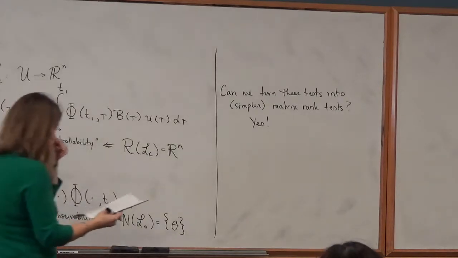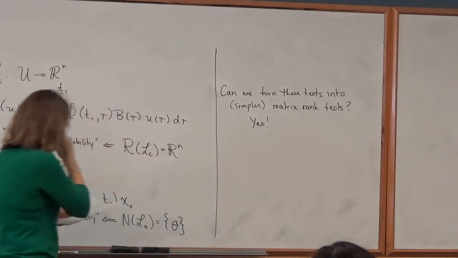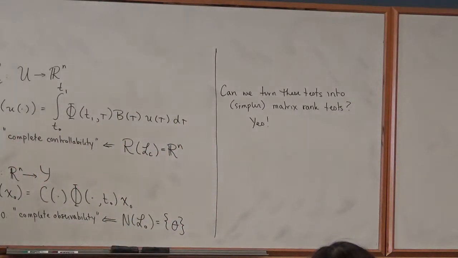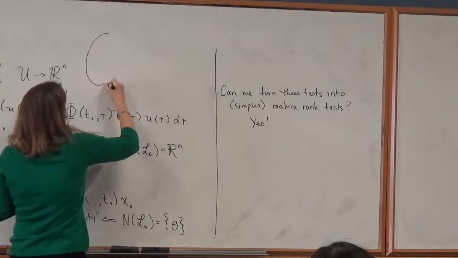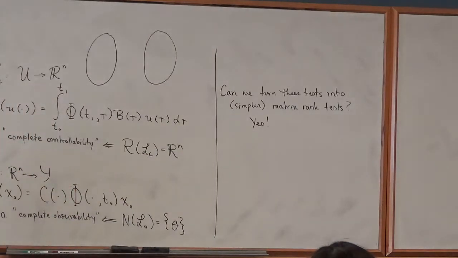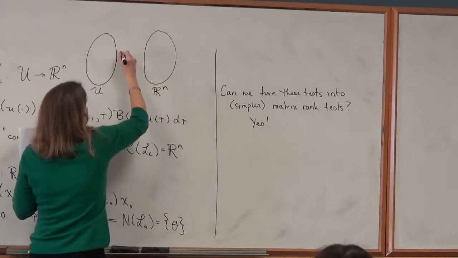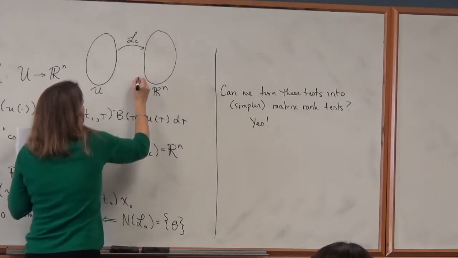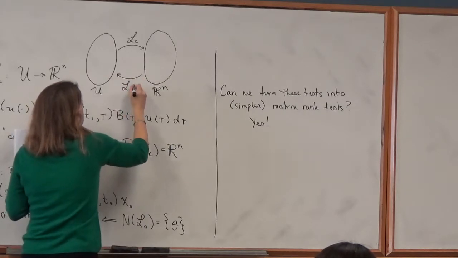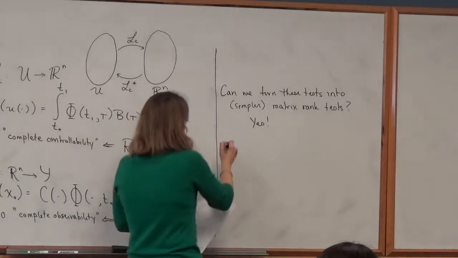Okay, so in particular last day, we computed the adjoint of this map LC. So let's put our canonical diagram of linear maps from a domain to a codomain. LC is mapping U to Rn. LC is a linear map. LC star, its adjoint, defined through the inner product, as we recall, is mapping Rn back to U. And so in one of our exercises last day, we computed LC star.